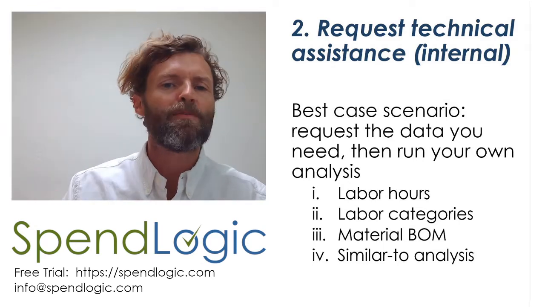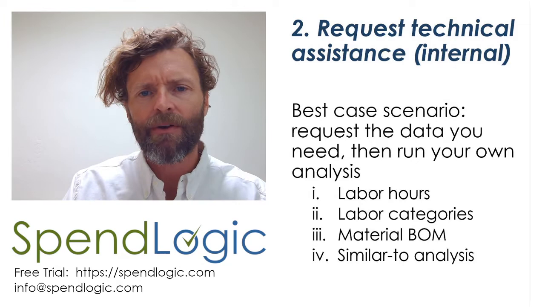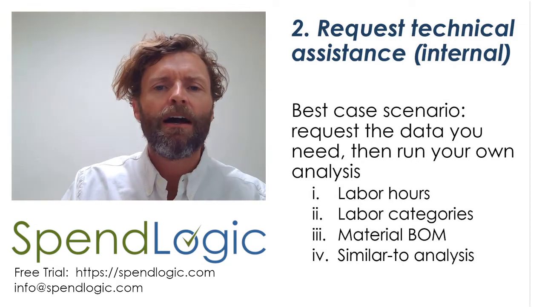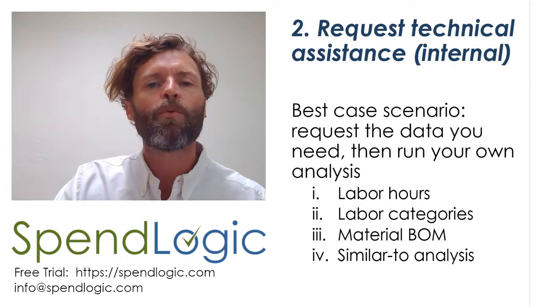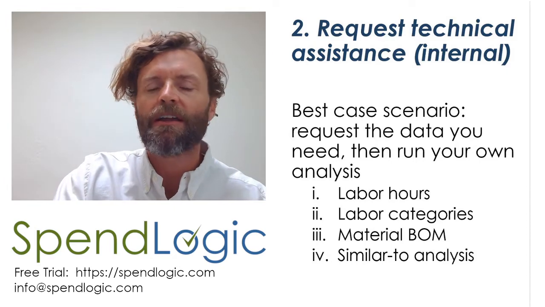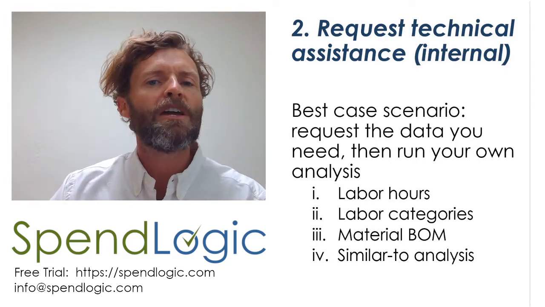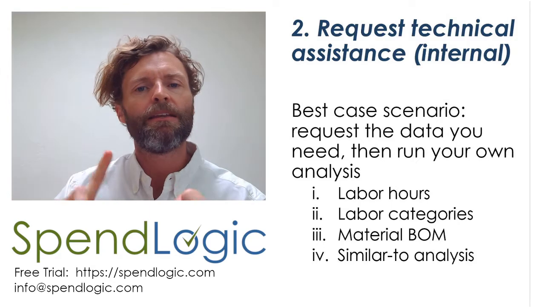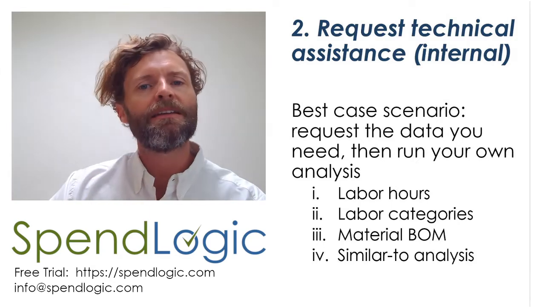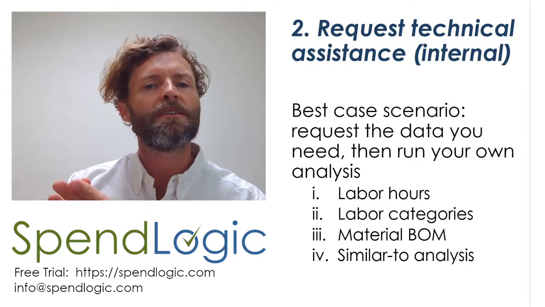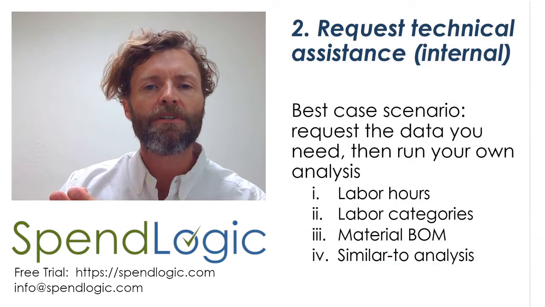So it's easy for me to sit here and say, yeah, reach out to your tech evaluator or your engineer. In the best case scenario, you'd reach out to your engineer and you'd say, this is the information that I need, right? I need to talk about labor hours, I need labor categories, a material BOM, and a similar-to analysis of that material.